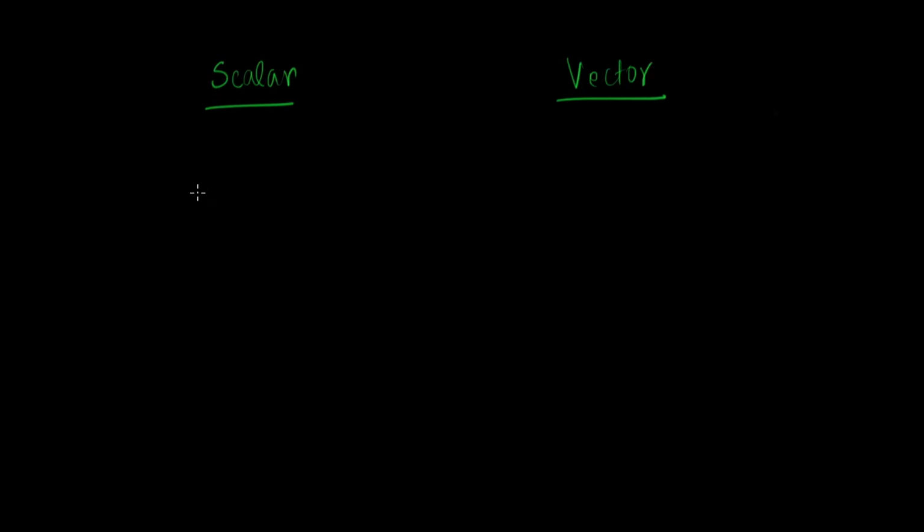Mass is something that we've already discussed, and mass only needs to have a magnitude, and that's all that we really want out of it. Say something like 10 grams. So mass only needs a magnitude and hence is a scalar. Whereas what we discussed right now was a quantity called velocity.